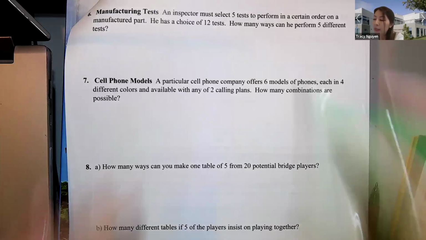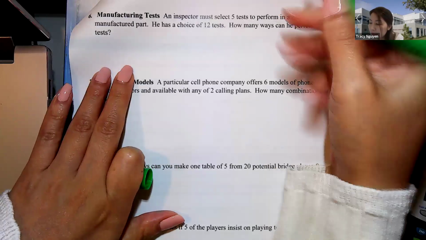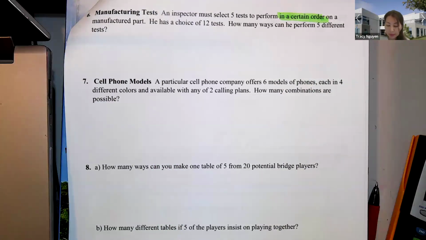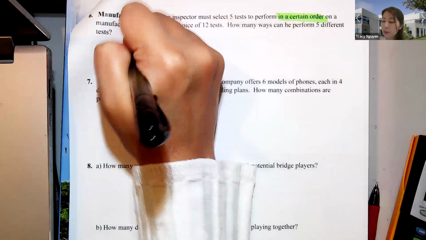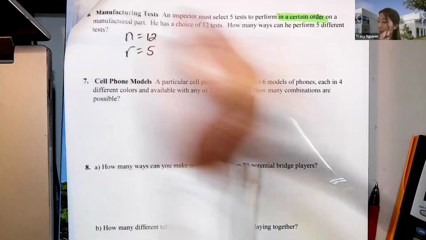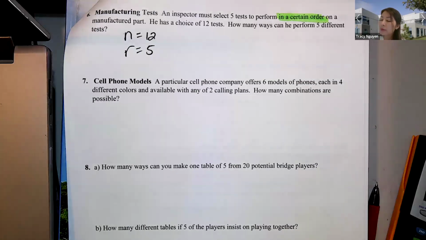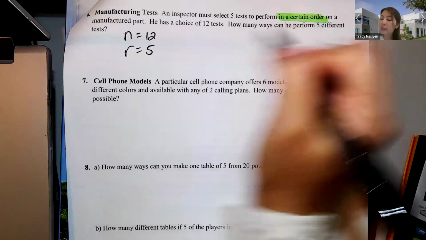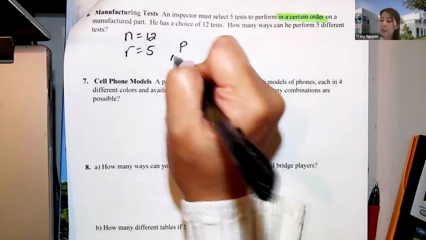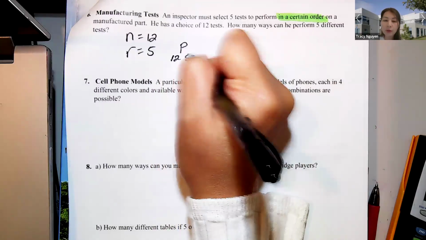Okay, so in a certain order means that order is important. On a manufactured part, he has the choice of 12 tests, meaning that a total n equals 12. He's choosing 5. And how many ways can he perform 5 different tasks? Because of the keyword in a certain order, that means permutation of 12 choose 5.